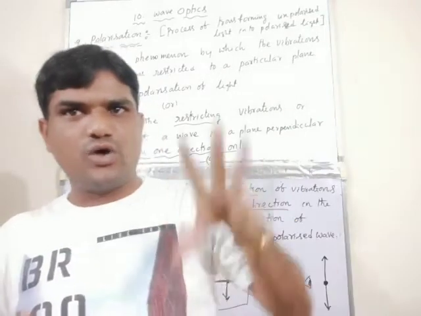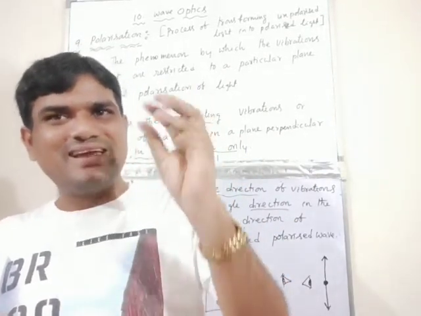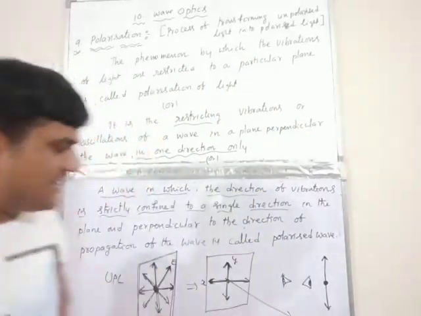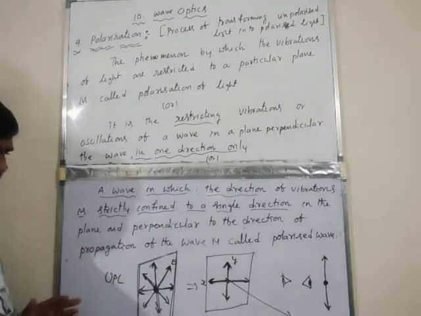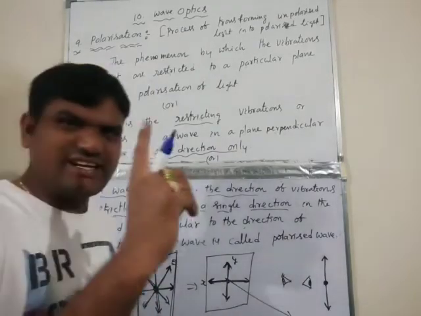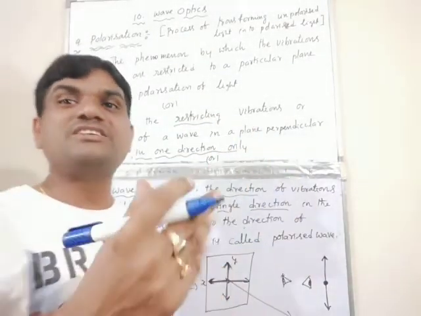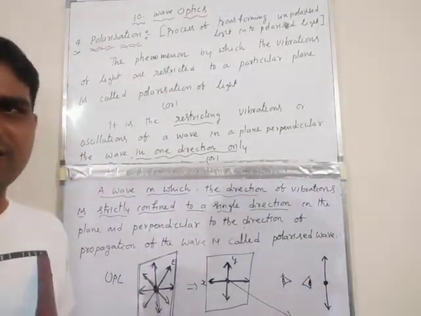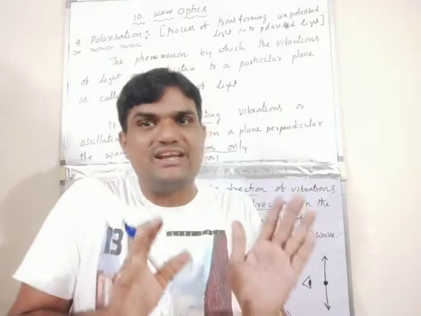I want only some of the light. There are so many directions, so many light vectors here, in all directions. But I want only a single direction. Single direction means the intensity obviously decreases only, right? Obviously it decreases.